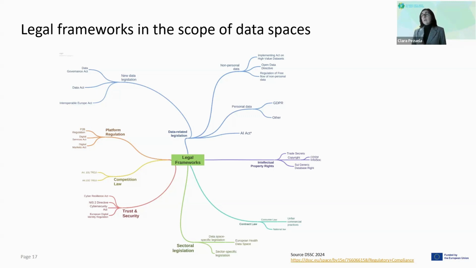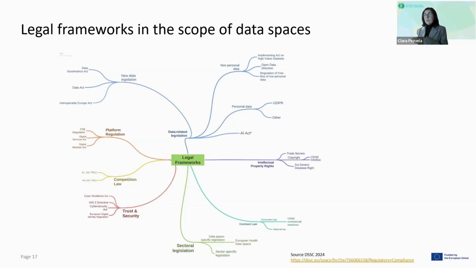Also other legislation for non-personal data, in the scope of the public sector, which is the Open Data Directive or the High Value Data Sets Act. And then other new data legislation that came a few years ago, like the Data Governance Act, the Data Act or Interoperable Europe Act. And of course, the recent AI Act.